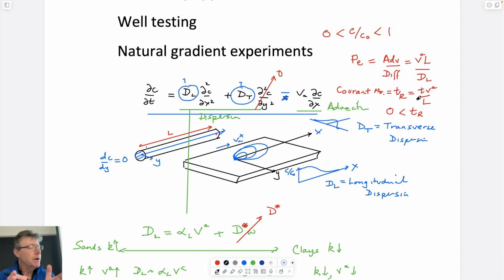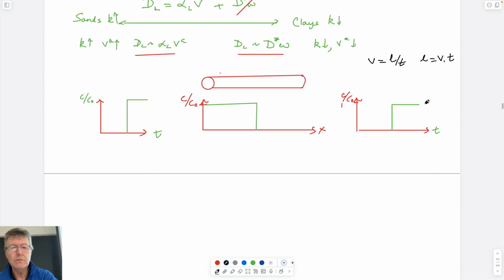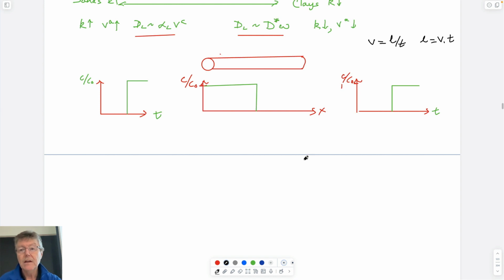If you divide a numerical model up into a whole bunch of little grids, you don't want the contaminant coming in from the upstream side and disappearing out of the downstream side in a single time step, because it has no way to account for that information. So you can define a stability in running numerical models in terms of a Courant number. You keep it less than 1, where L is the width of the element. We'll talk about that later, but not today.